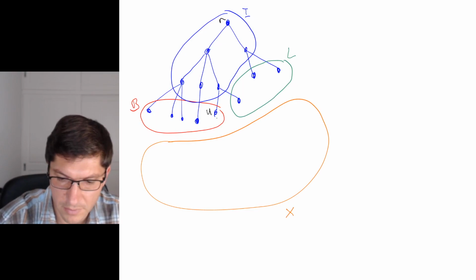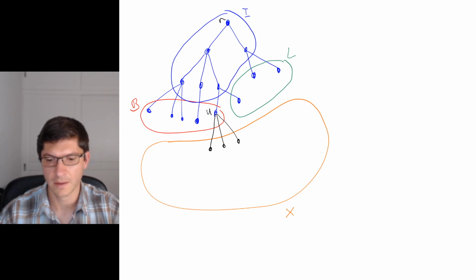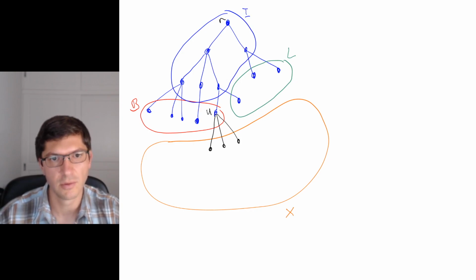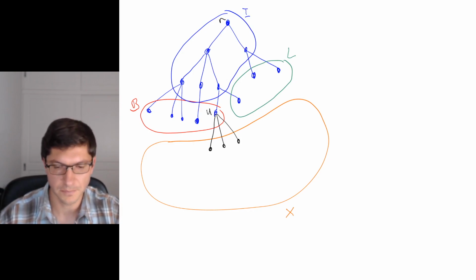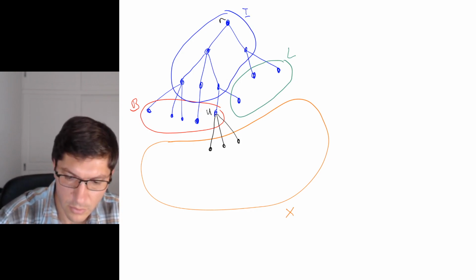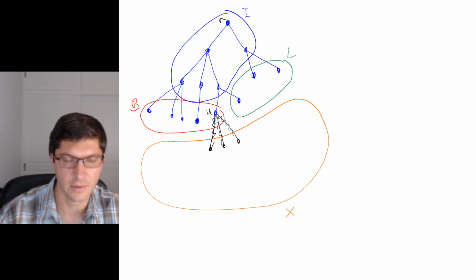So this means that if we look at all the neighbors of U that are in the set X, this branching lemma says that either U becomes a leaf, or we can add all of these edges into the spanning tree.